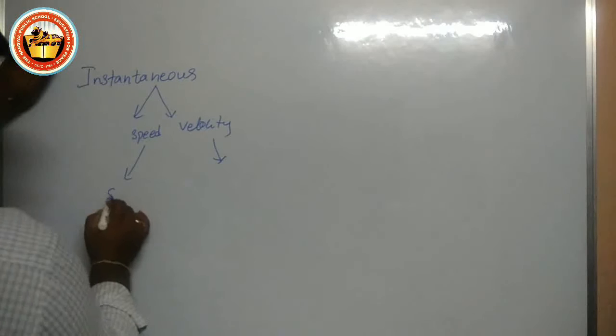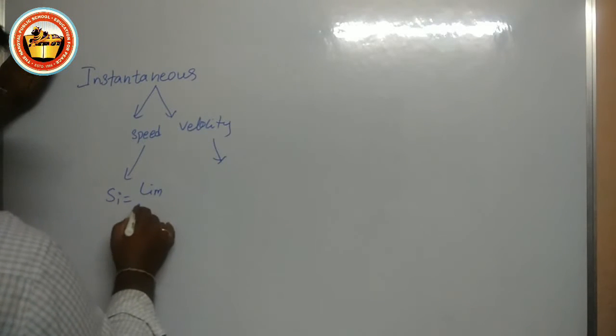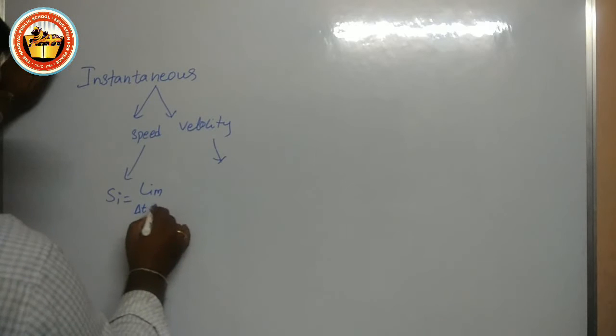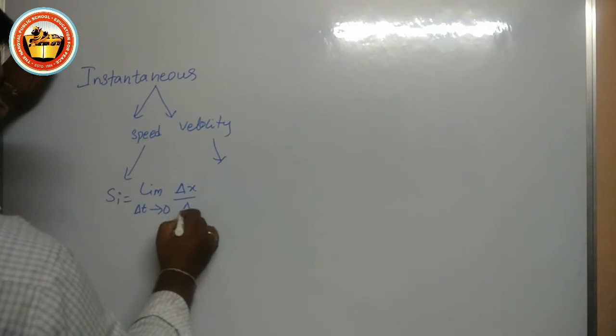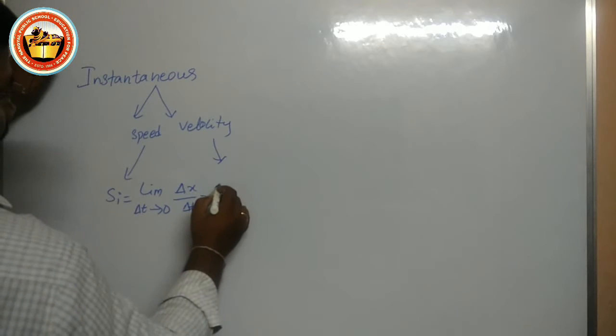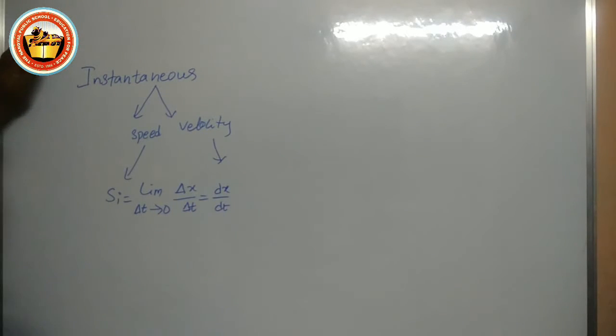It is denoted by the limit delta t tends to 0 of delta x by delta t, or dx by dt.